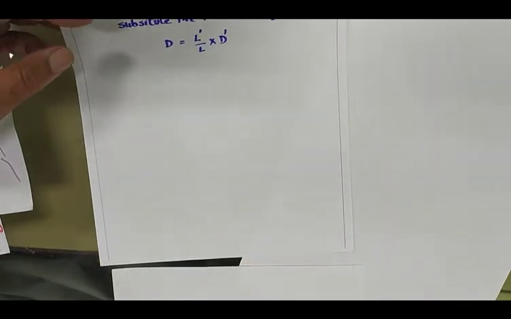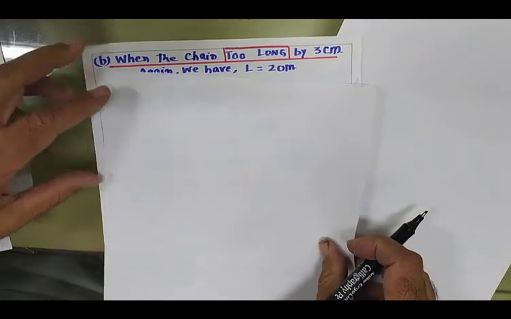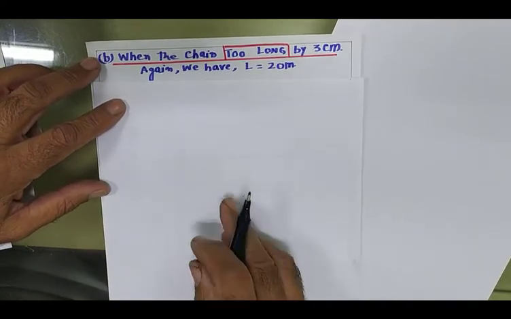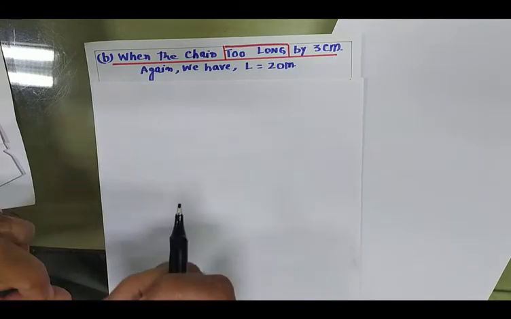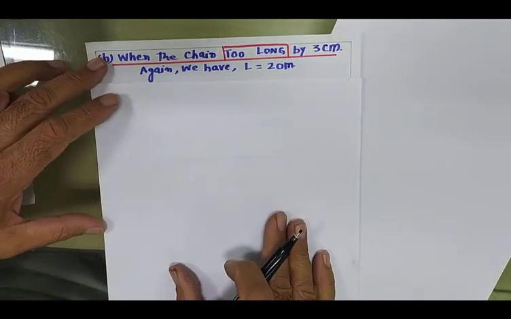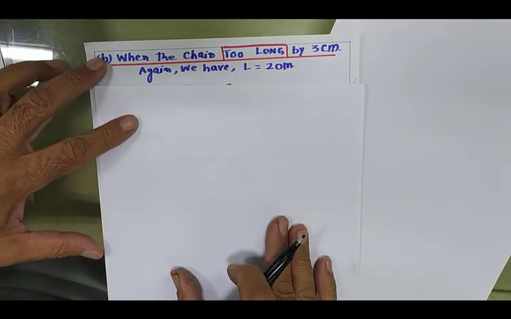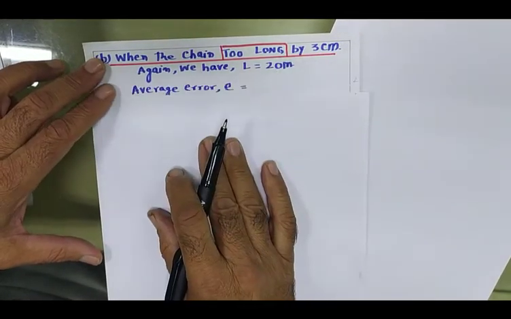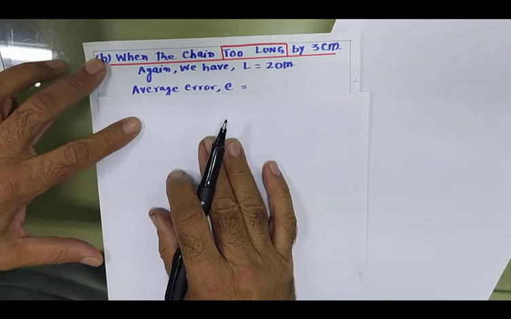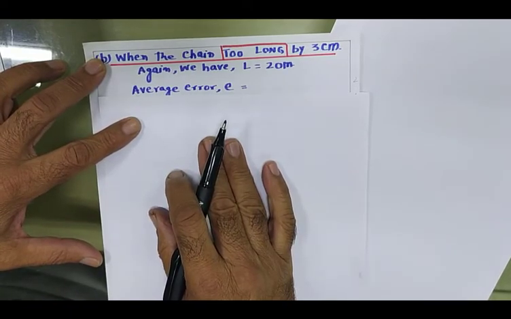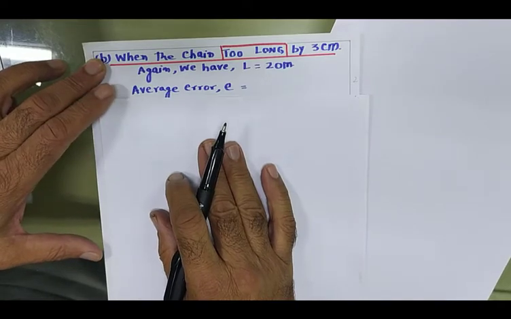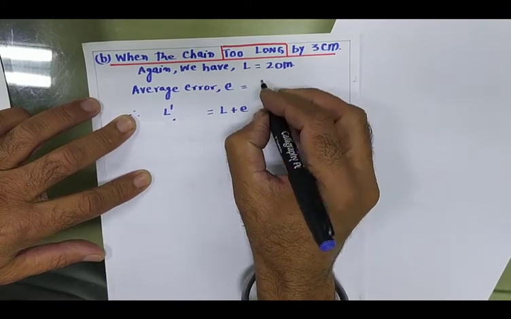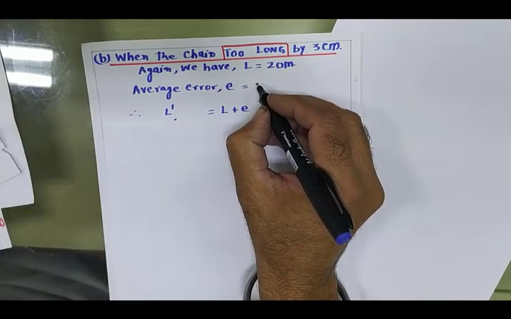Now we are going to discuss the second case, when the chain was too long. How is it too long? Because due to wear and tear, its rings are opened. Again the actual length of chain at the start is 20 meter. That is L. The average error we have to calculate. In the start, it is 5 centimeter too short.